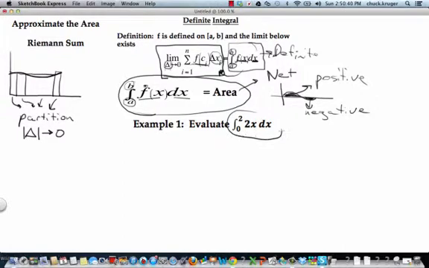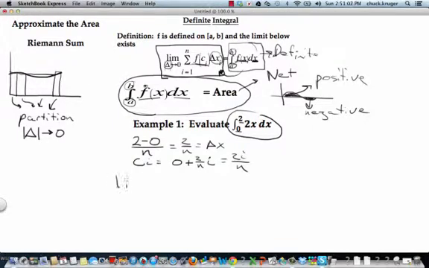All right, so let's take a look. Here's my definite integral, and I know that because I've got an a and a b. So b minus a divided by n is my delta x. And my c sub i is going to be 0, that's my a, plus 2 over n times i. So basically 2i over n.